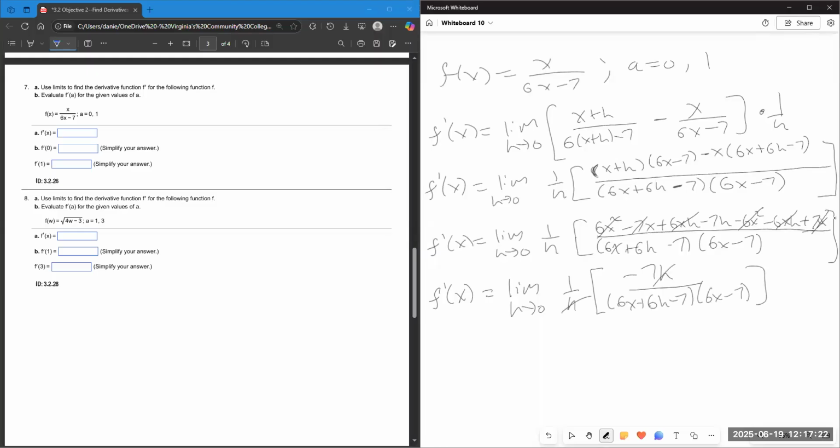The h's will cancel, and that leaves me with f prime of x is the limit as h goes to 0 of negative 7 over 6x plus 6h minus 7 times 6x minus 7. The h terms go to 0. Here is negative 7 over 6x minus 7 squared.